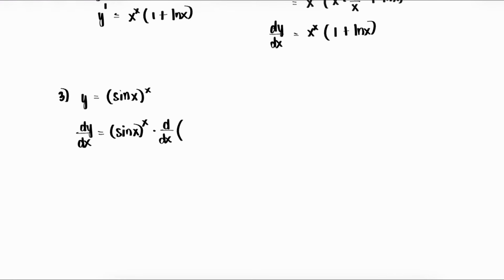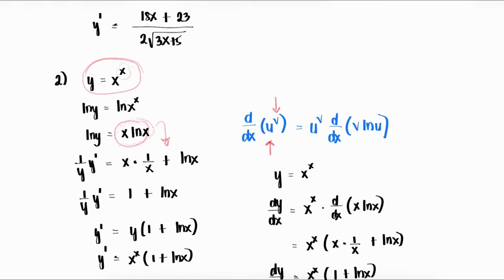And v, remember, is the exponent. Our exponent is x, and our u is sine of x. It's v ln u, so it's x ln of sine x. Okay, remember the formula right here. It's v ln of u.